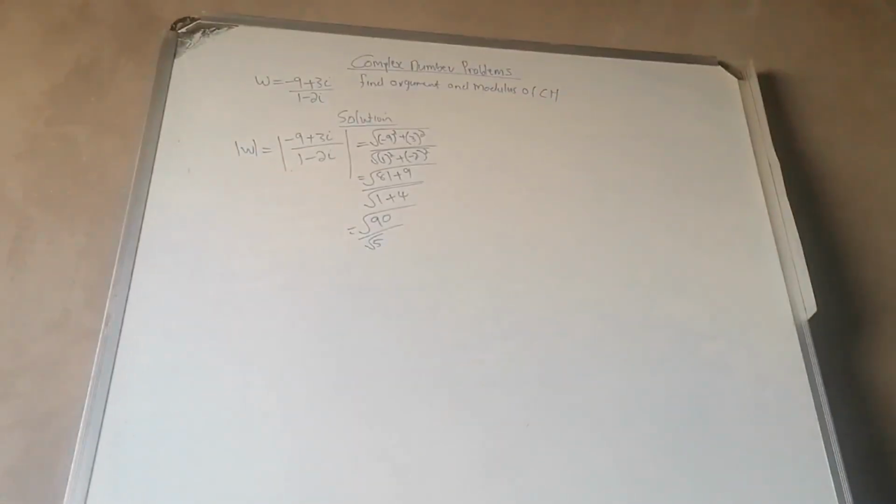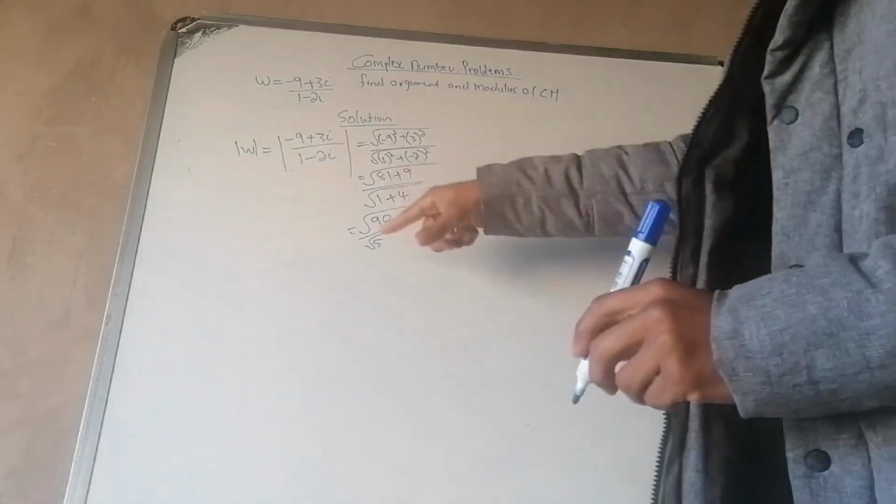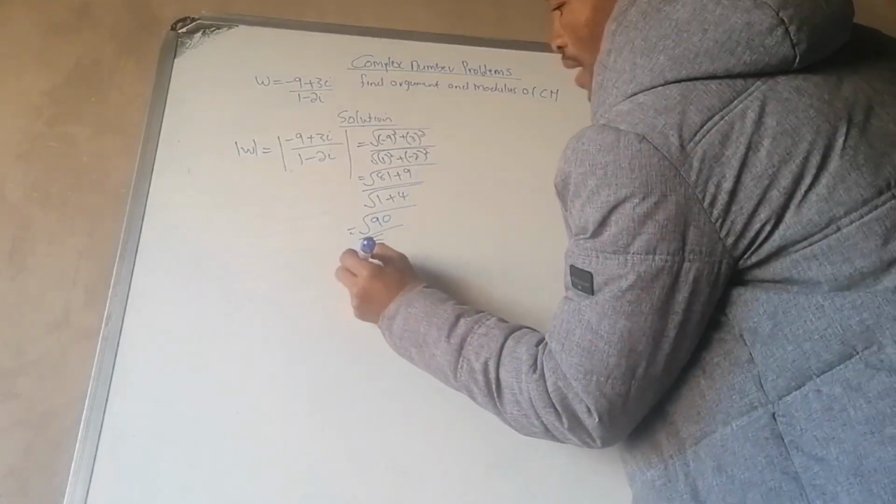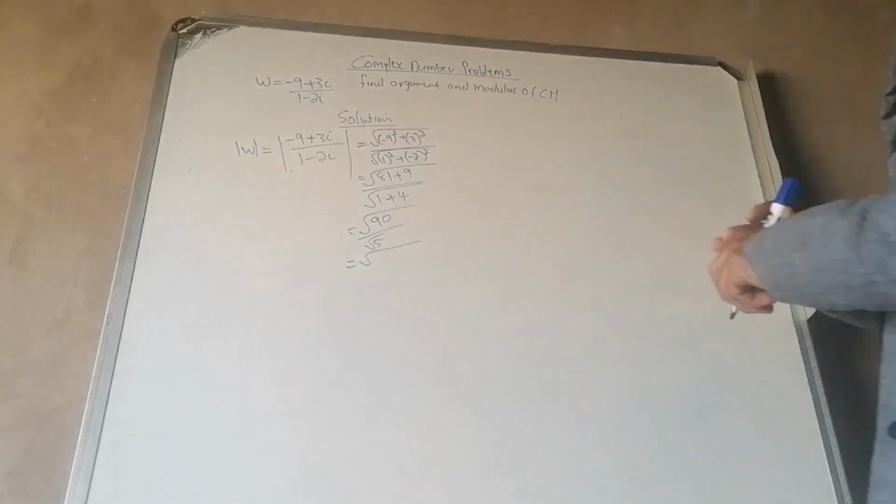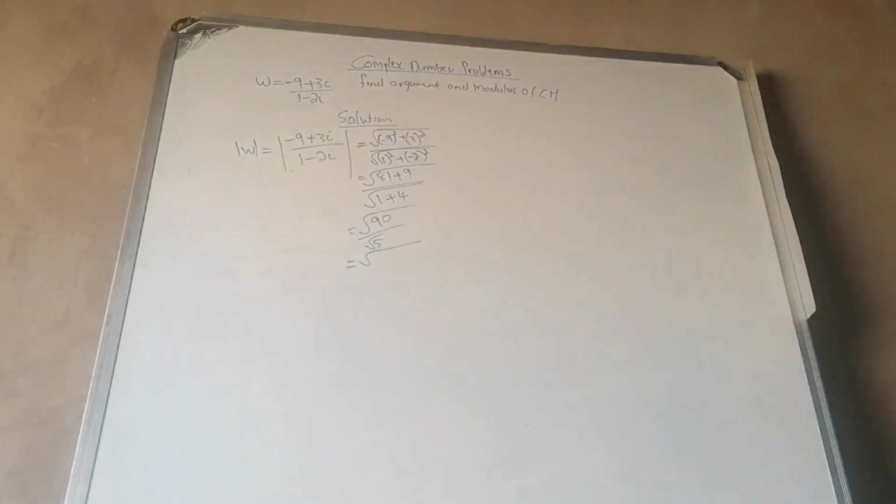And once you have that root 90 divided by your root of 5, what is it that we can do from there? I can simplify this. I can say, okay, two factors, when you multiply them, you get 90. One of them should be a perfect square. So let me just say root 90, that would give you 3 root 10.